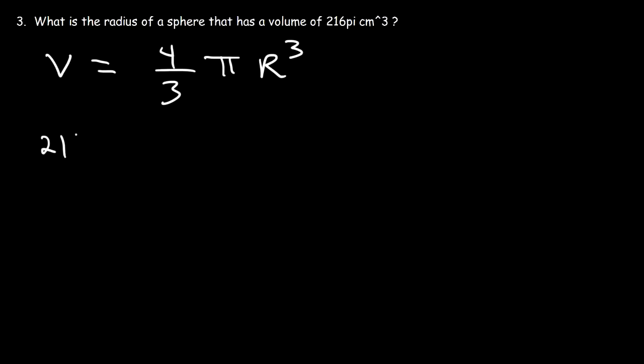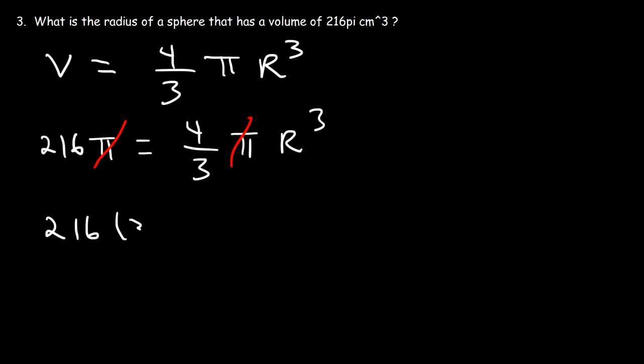So we have the value of V is 216 pi. And our goal is to find the value of r. The first thing we could do is divide both sides by pi. So we could cancel that if we want to. Next, let's multiply both sides by 3, just to get rid of the fraction on the right side. If we multiply both sides by 3, these will cancel.